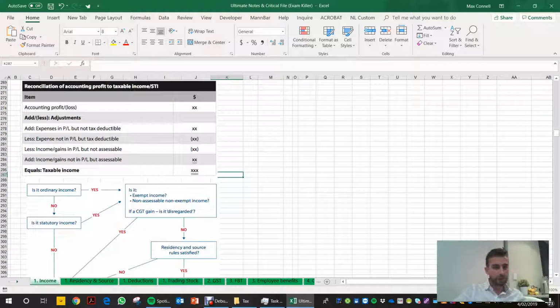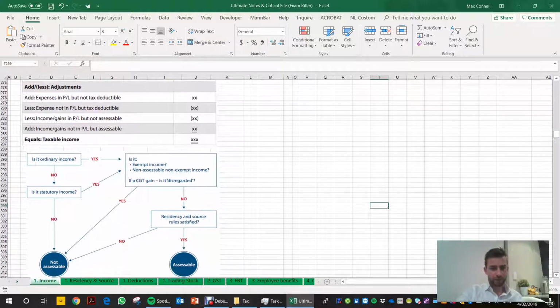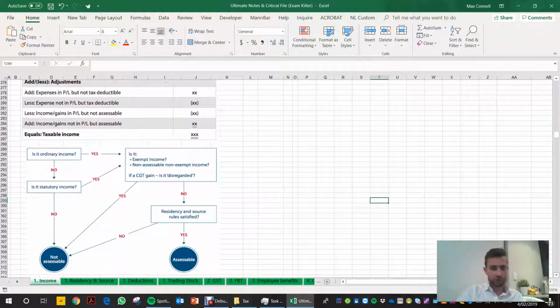You do the same for income in the reverse order, but the concept is quite simple. It's just how you get from your accounting profit, following all the tax rules that are different from accounting, to your taxable income, which you report in your tax return. Most companies do that because most companies start off with their accounting and then have to lodge a tax return.